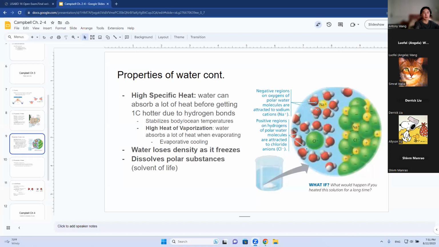Okay, I'll go over this again. Most of you are basically correct. It's about forming the hydration shell around a molecule. Let me zoom in.